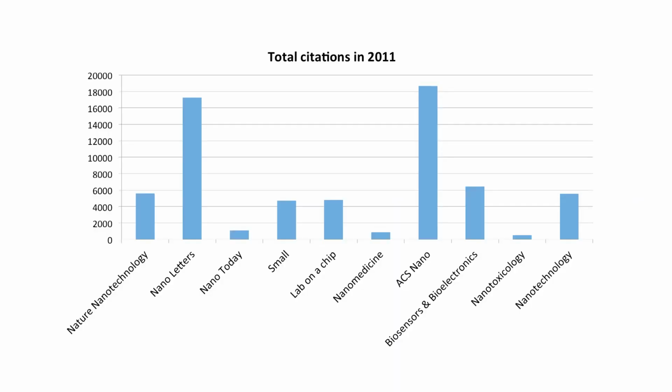But when I look at it in terms of total citations, we see that the broad structure has not changed to that extent, but now Nature Nanotechnology comes much higher than in the earlier ranking, and it is among the top 3 journals in this field.